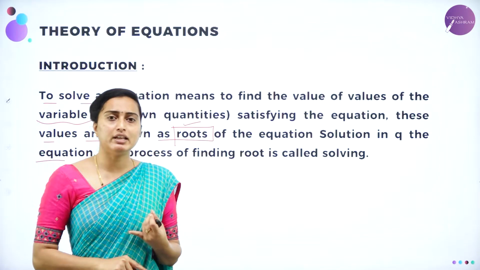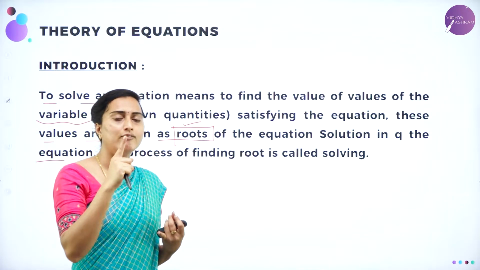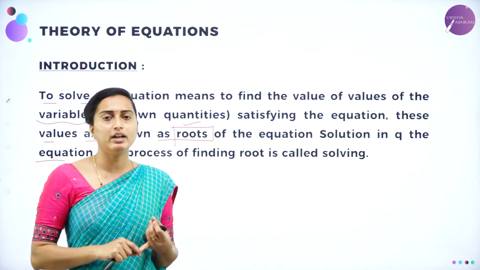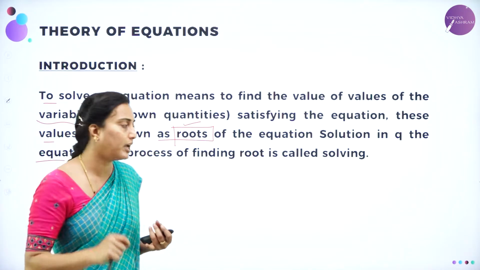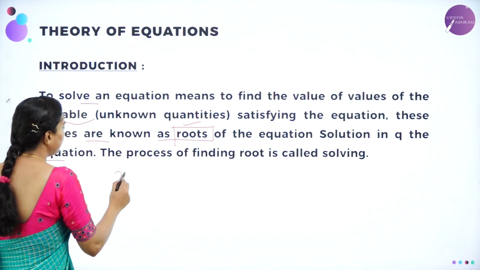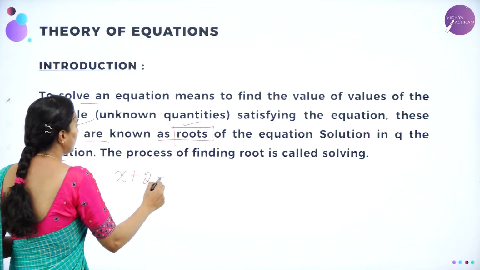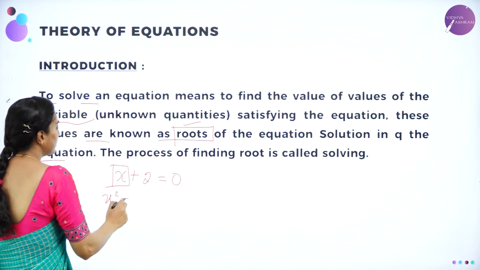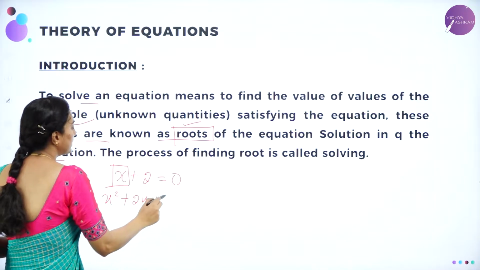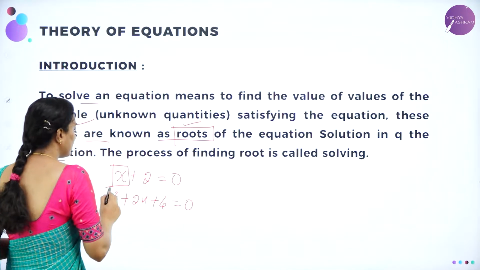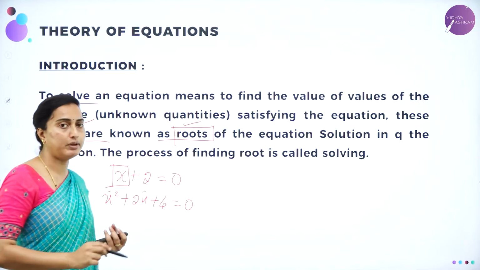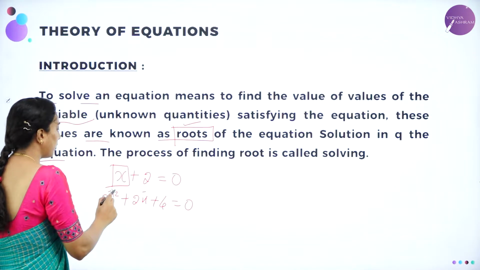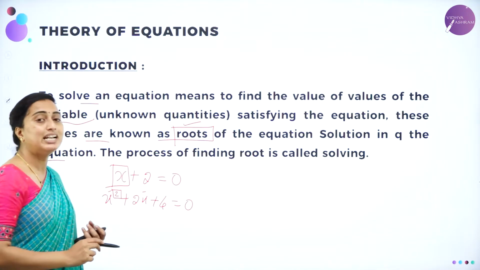What do you mean by linear? Linear means having only one variable with degree 1. It is called a linear equation. For example, x plus 2 is equal to 0. This has only one variable. Or x squared plus 2x plus 4 is equal to 0. This also has only one variable, but it is a quadratic equation because it is of degree 2.